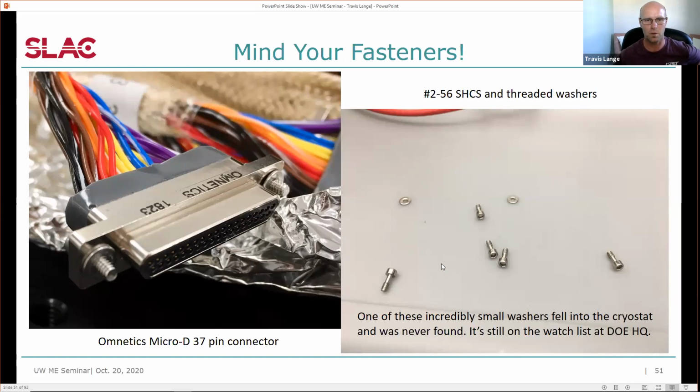So this is one of those things where we did think about it. We thought about how to mitigate the issue of keeping a screw captive in the system, and unfortunately, didn't do enough. We didn't do any testing of the efficacy of that design, and it ended up being a problem for us.